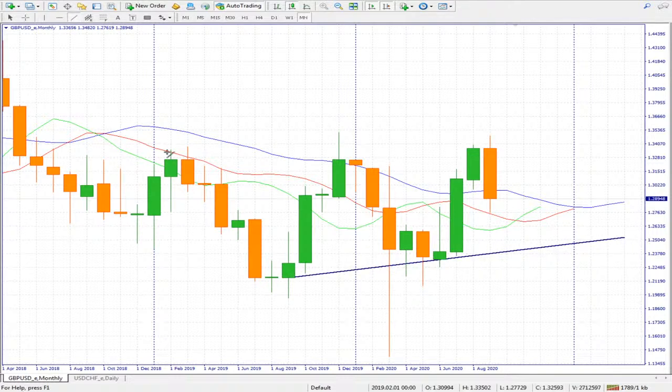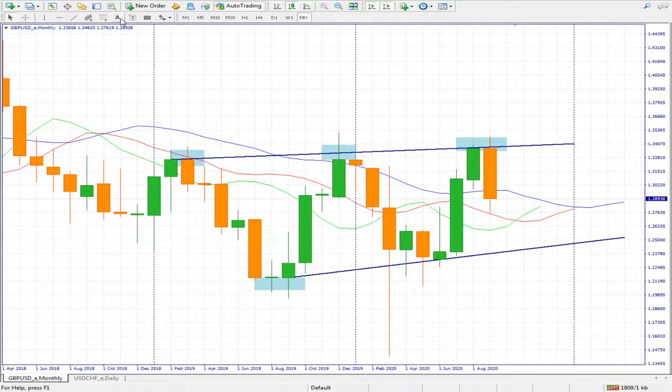On the upper side, we do have this level. So we had a resistance here, we had a resistance there, and then we have a support here. We also have a support here, which means should the price come back up to this point, then this will be the ideal place to look for a buy from.